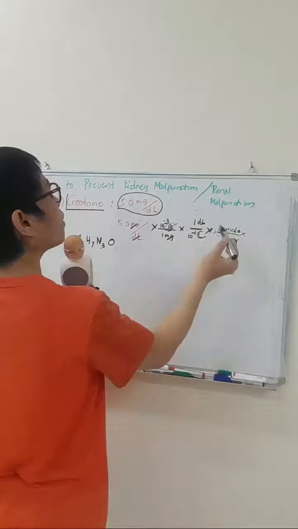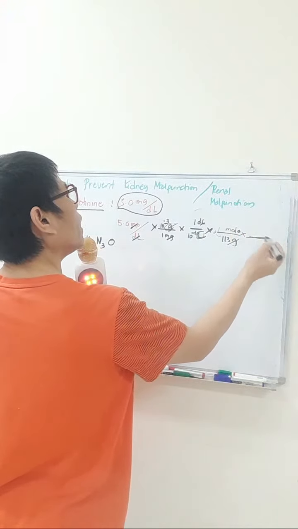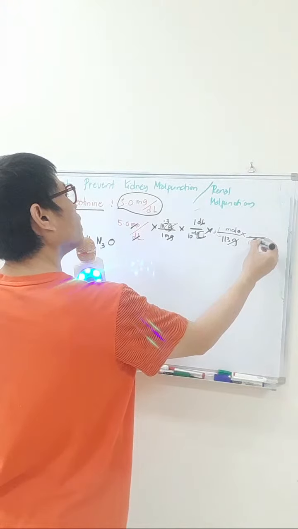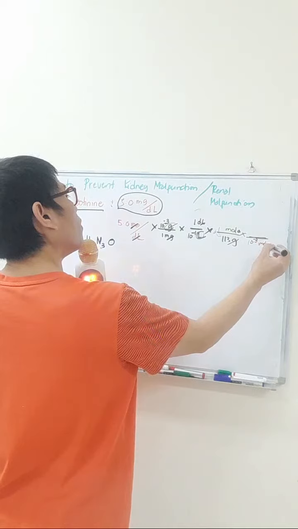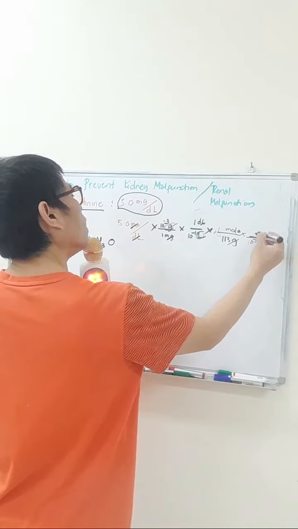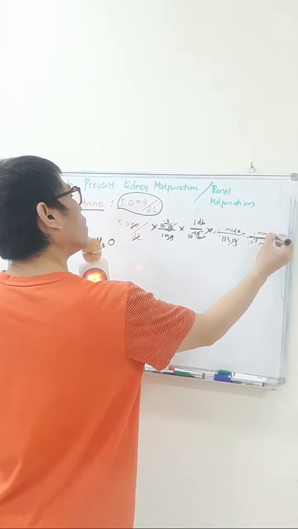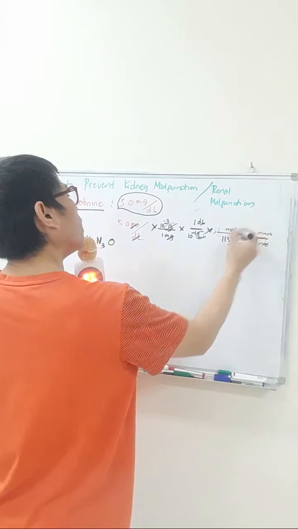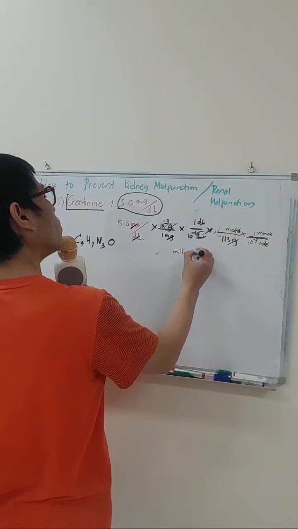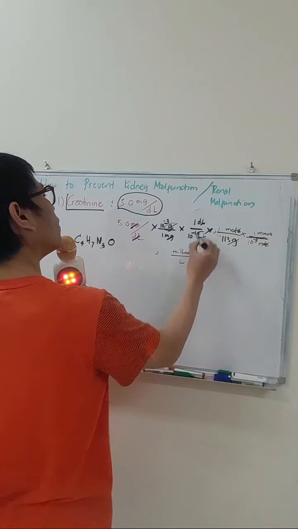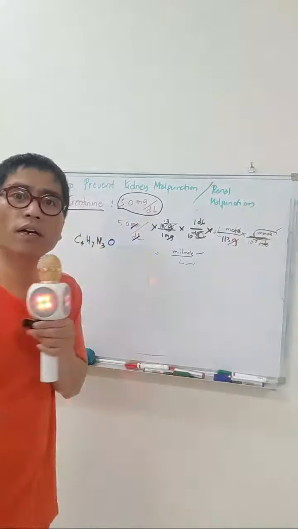The liter is correct already, so for millimole, 1 millimole is 10 to the negative 3 mole. Cancel the mole, and what will be left is millimole per liter, with liter in the denominator and millimole in the numerator.